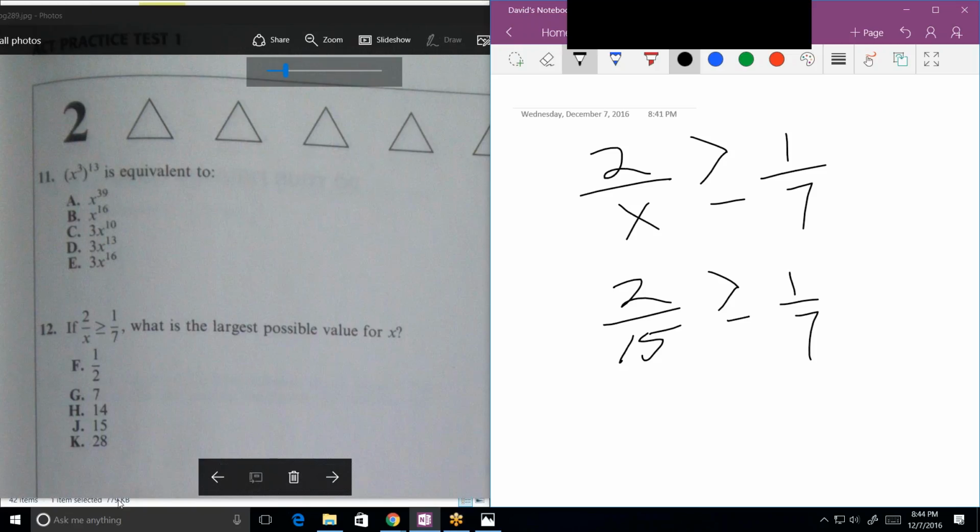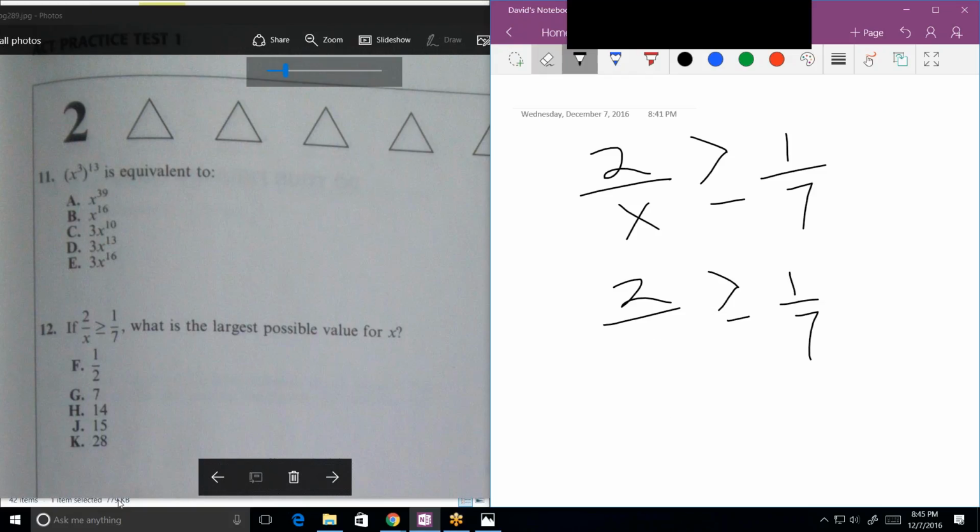It's smaller. 2/15 you can think of as 1/7.5, and 1/7.5 is a smaller number than 1/7. If the numerators are equal and the denominator is bigger, it's a smaller number. So 15 doesn't work either.